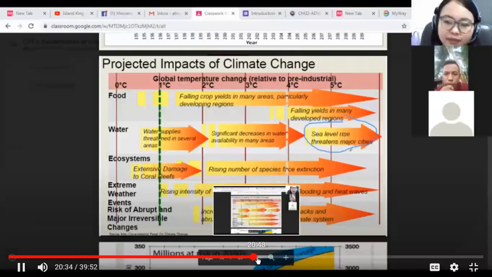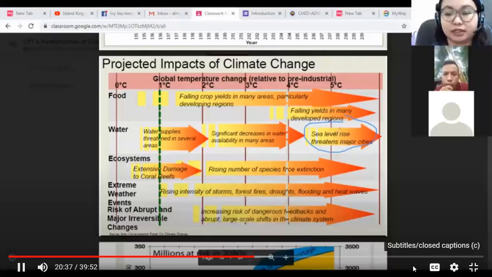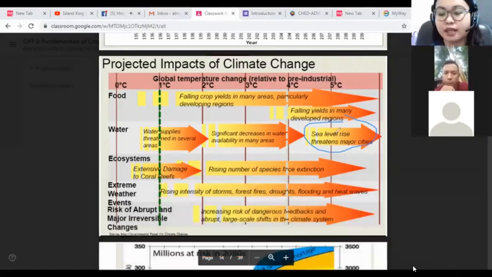How come, right? The scientists have been explaining that if the temperature gets high, the polar regions, the north and south poles, which are parts of the world that have ice, glaciers, will melt if it's warm, and that's why the sea level will rise.